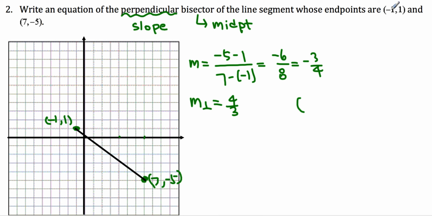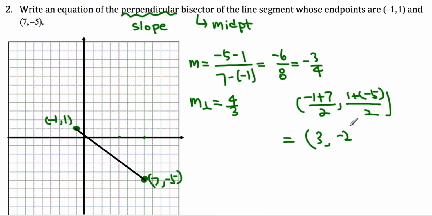Midpoint is x1 plus x2, so negative 1 plus 7 over 2, and then 1 plus negative 5 over 2. Then here we get 3 comma, here we get negative 2. So 3 comma negative 2. You can see that that must be the midpoint.